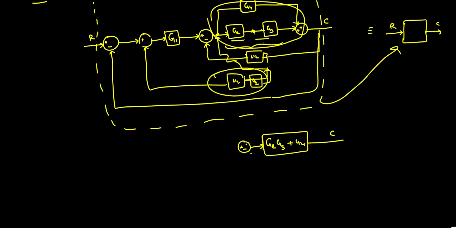This is plus and this is minus, and this is H2, right? Yeah, H2. There is a block called H2 here, right? Now there is another block called G1 here in between.